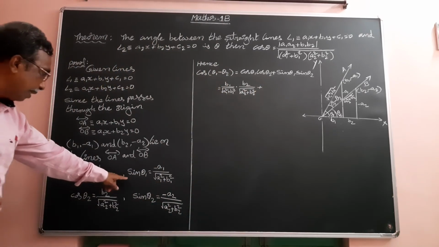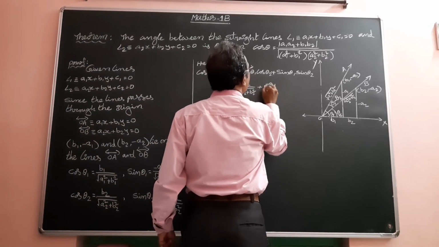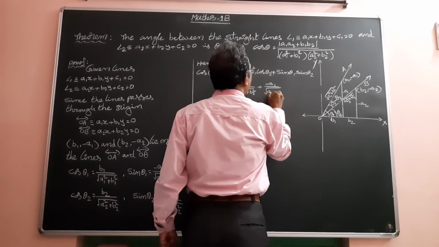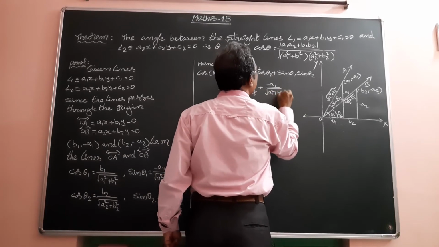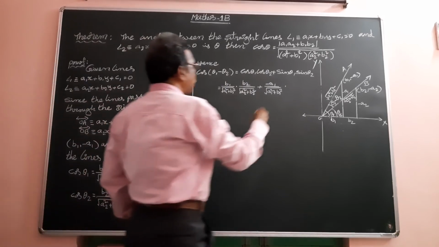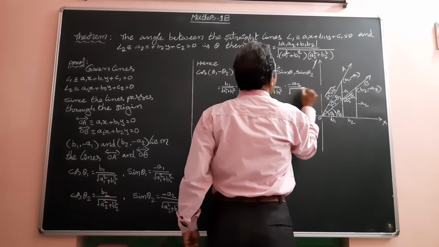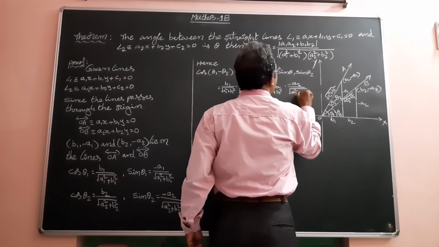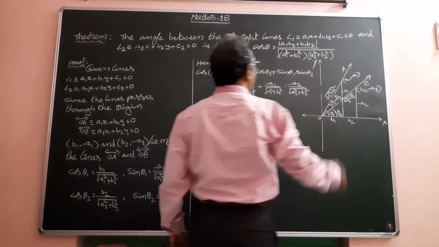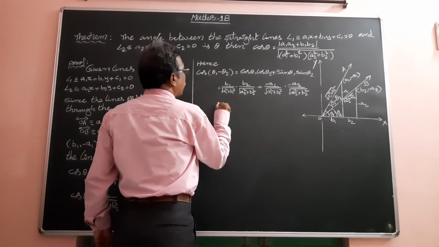What is sin theta 1? Minus a1 by root of a1 square plus b1 square, into sin theta 2, minus a2 by root of a2 square plus b2 square.